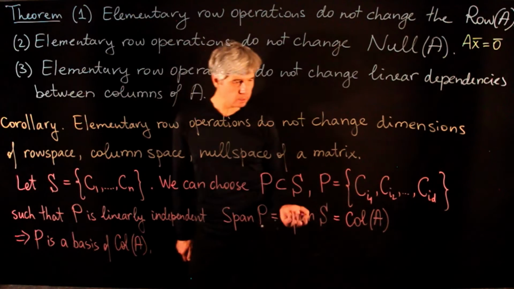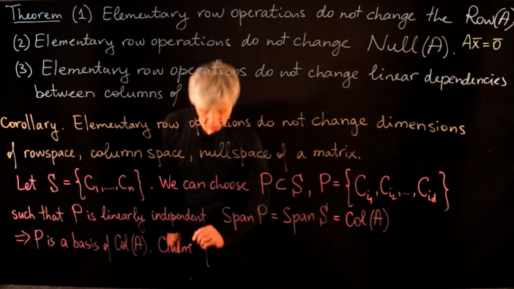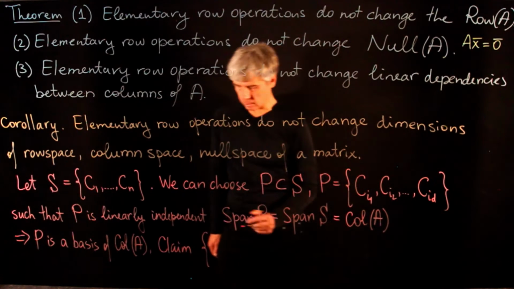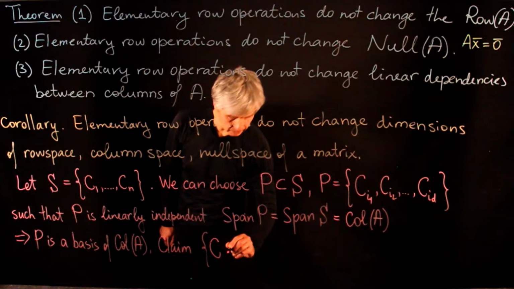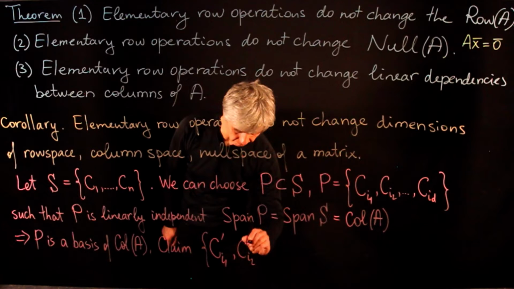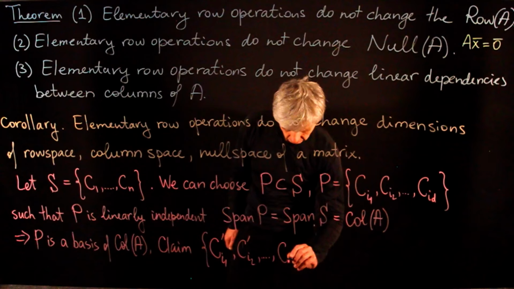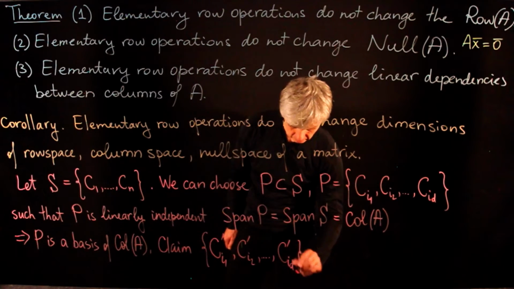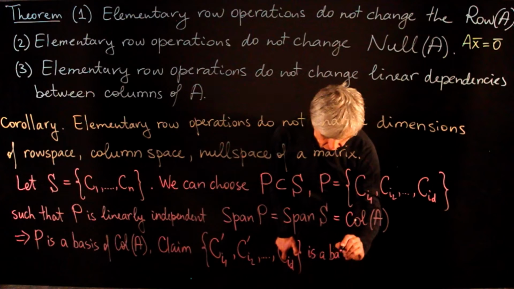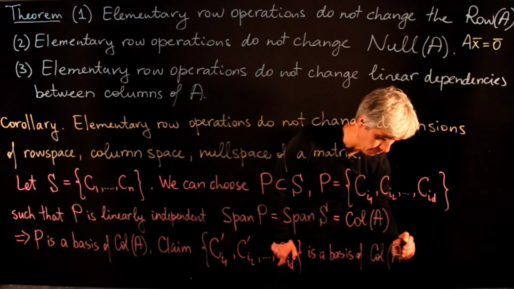And so then what we claim is that if we take the columns with the same indices in the new matrix, so column number i1, column number i2, and so on, so these are columns of the new matrix obtained by elementary row operations, then this is a basis of the column space of A prime.